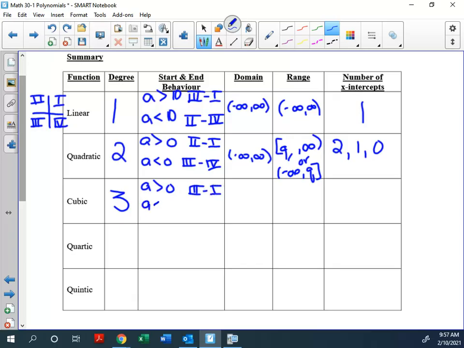If my leading coefficient is negative, I start in quadrant 2 and end in quadrant 4, just like a negative line. Its domain is unrestricted. Its range, it behaves like a line, right? It goes like this somehow. So its range is unrestricted.